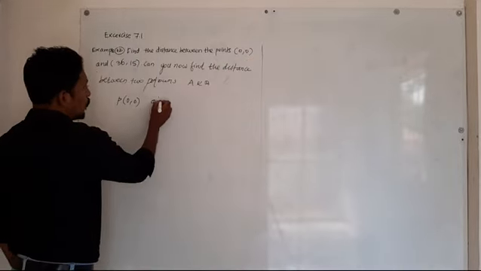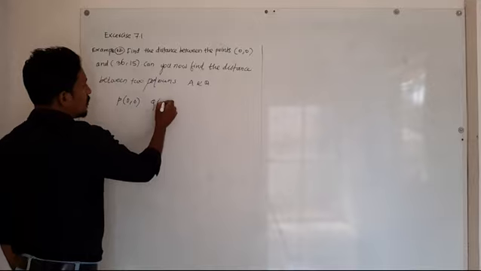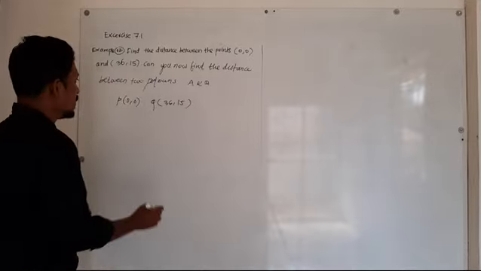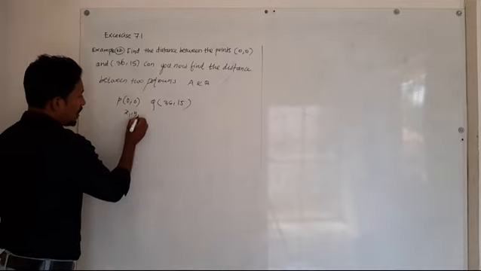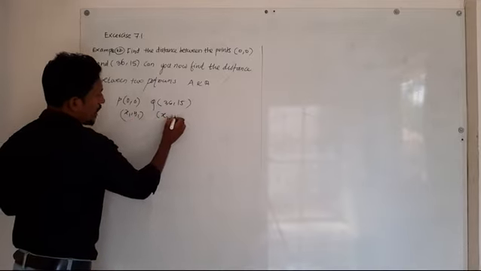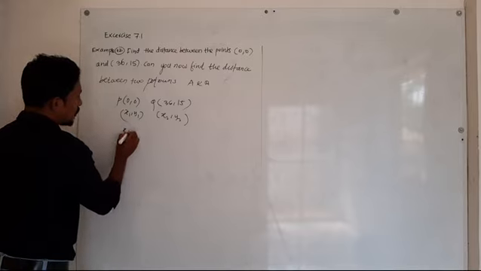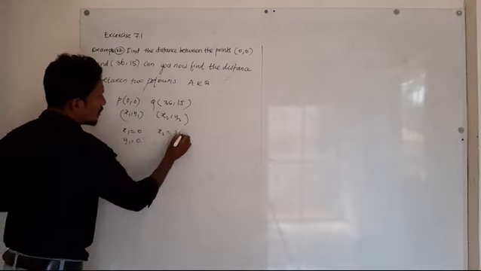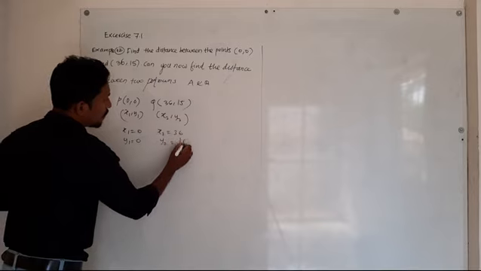The coordinates of point Q are 36, 15. This is x1, y1, and this is x2, y2. Therefore x1 is 0, y1 is 0, x2 is 36, and y2 is 15.